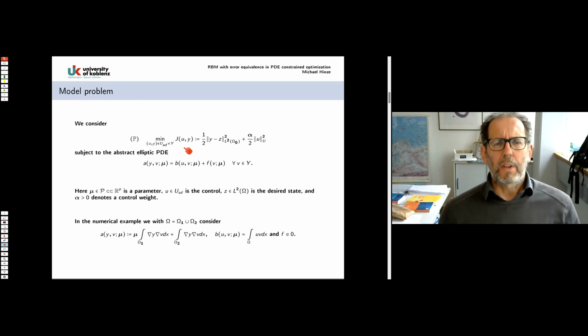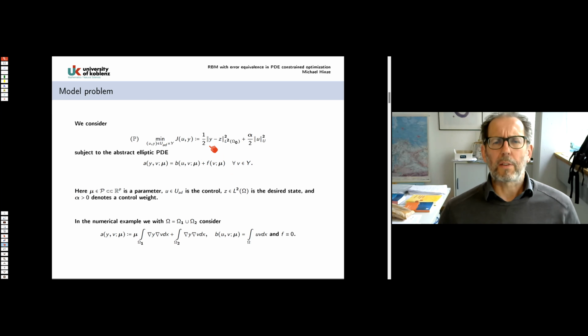So the classical minimization problem of PDE constraint optimization, we have a tracking type objective here. Y is a state, Z is a desired state, which we know. We want to control the state, which is governed here by an abstract form of an elliptic PDE. Then the right-hand side, the control enters, which you want to find or to construct in such a way that the system behaves as we desire.